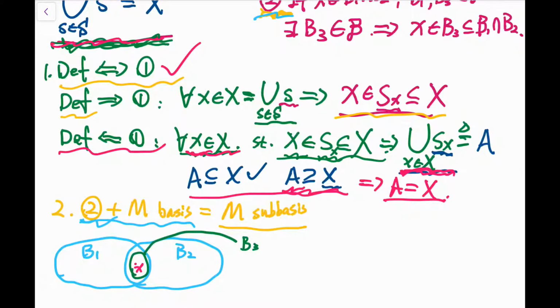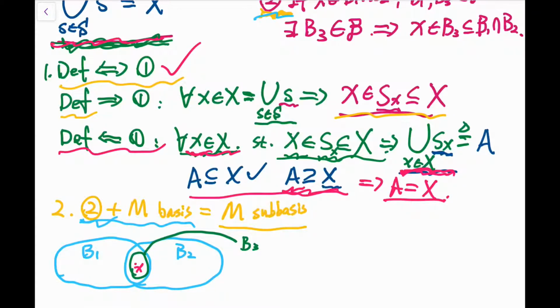Now because we already have the first property of the basis for the subbasis, in order to convert the subbasis into basis, what we need to do is make the subbasis satisfy this property.